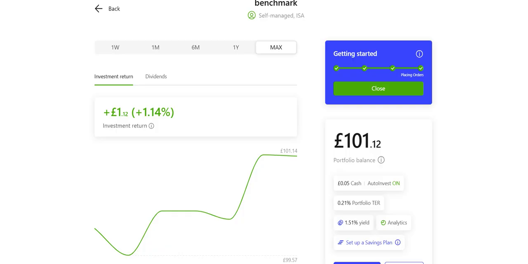I've got this in both my ISA and my SIPP, and my plan is to have it in the SIPP with the extra 25%, and then when I can get access to it at 50, I think it'll be 58, I'll take 25% of that and move it over to my ISA, so that I can take it out tax free. And that's about it really.